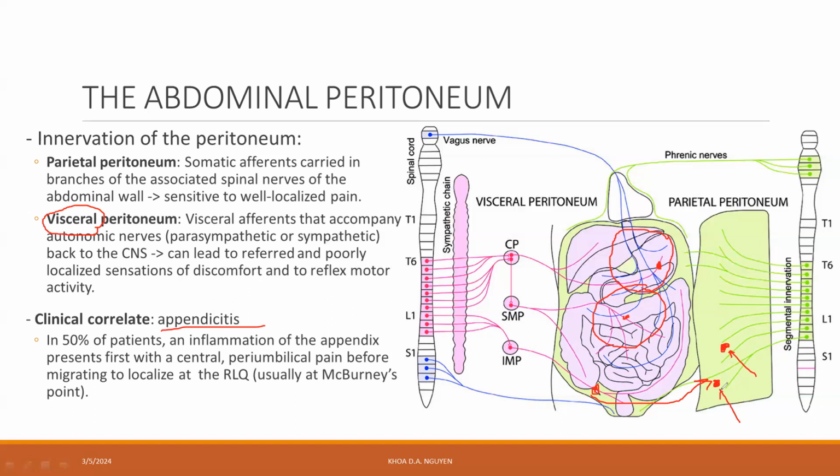Therefore, you can feel the pain right there on the right inguinal region, and you can point to a point where you feel pain, because now it is in contact with the parietal peritoneum. And now you can feel localized pain. All right, very important stuff.